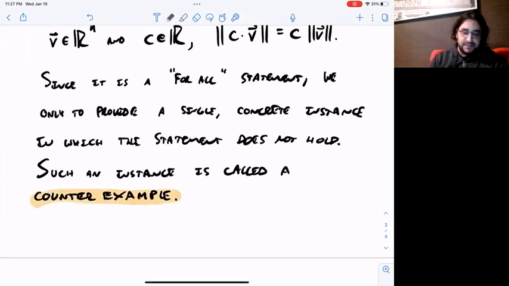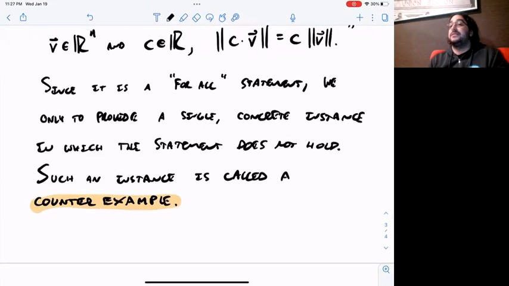It's this concrete instance that disproves a statement of the form for all something. It's an example that runs counter to the claim that's being made, hence counterexample.